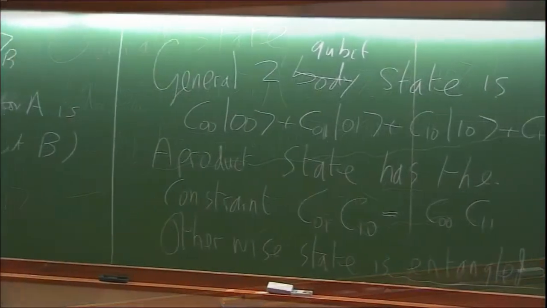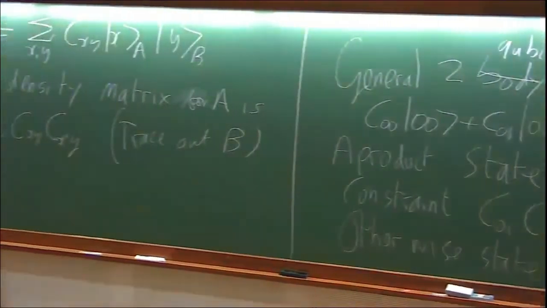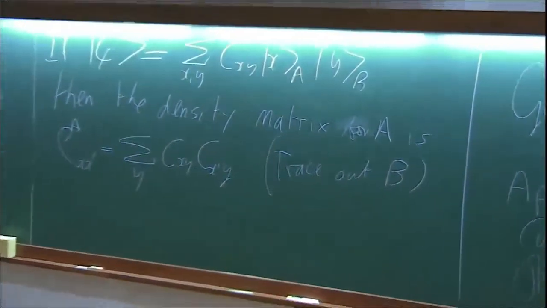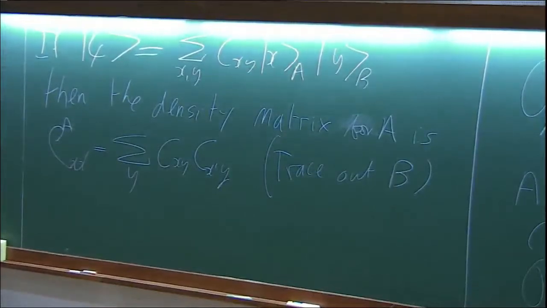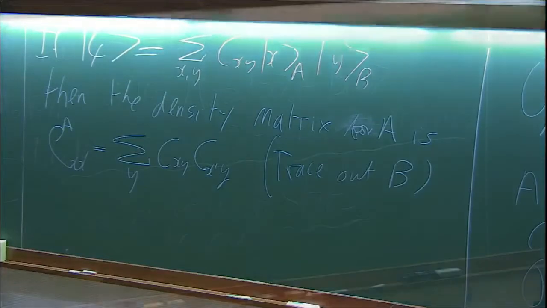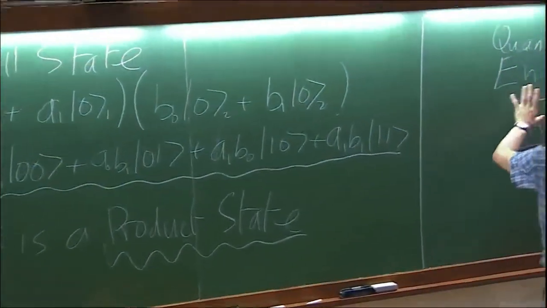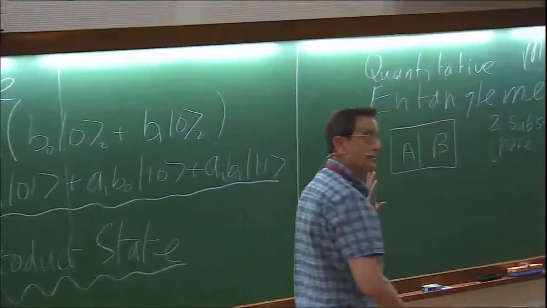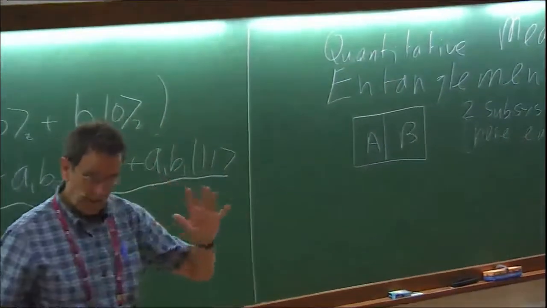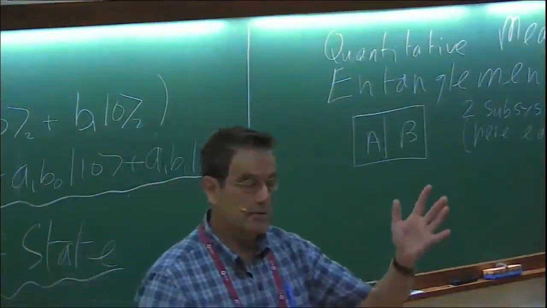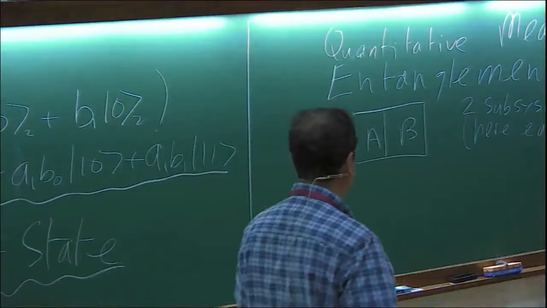So, yes, it could be complex. I'm assuming the coefficients were real, but we haven't got there yet. One would be complex in general, but let's assume real coefficients here. So in general, one has a system, one divides it into 2 subsystems, A and B. So in our example, each subsystem is just a single qubit, but it's more general than that.